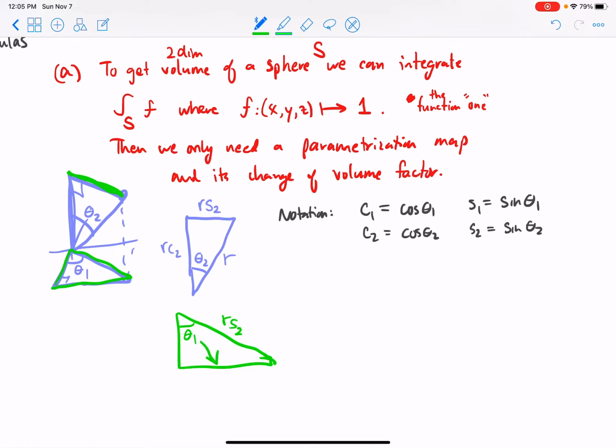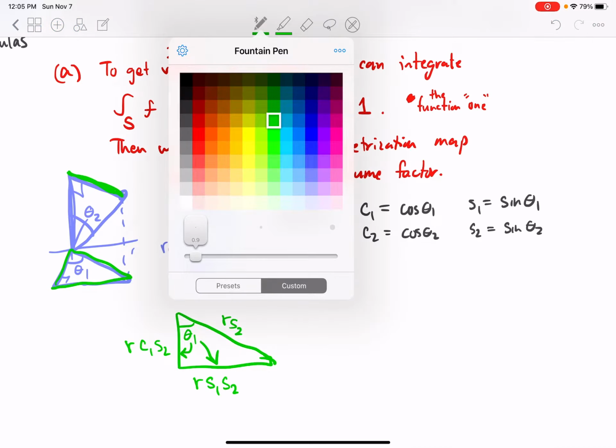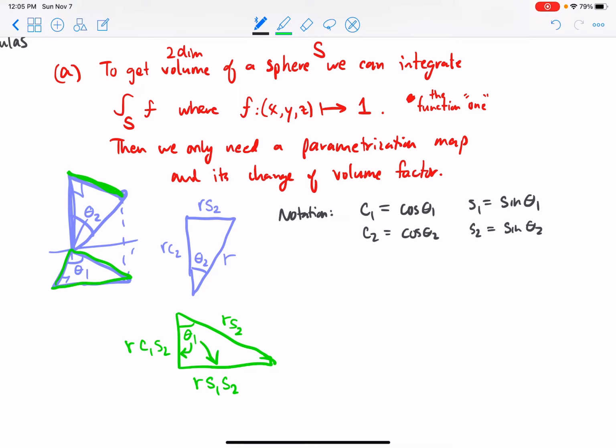And then opposite gives me a sine theta 1 times the hypotenuse, r sine theta 2. The adjacent gives me a cos theta 1 times the hypotenuse, which is r sine theta 2. Okay, and so this is all I need. I look back at my picture and I see that this is the x, this is the y, and this is the z.